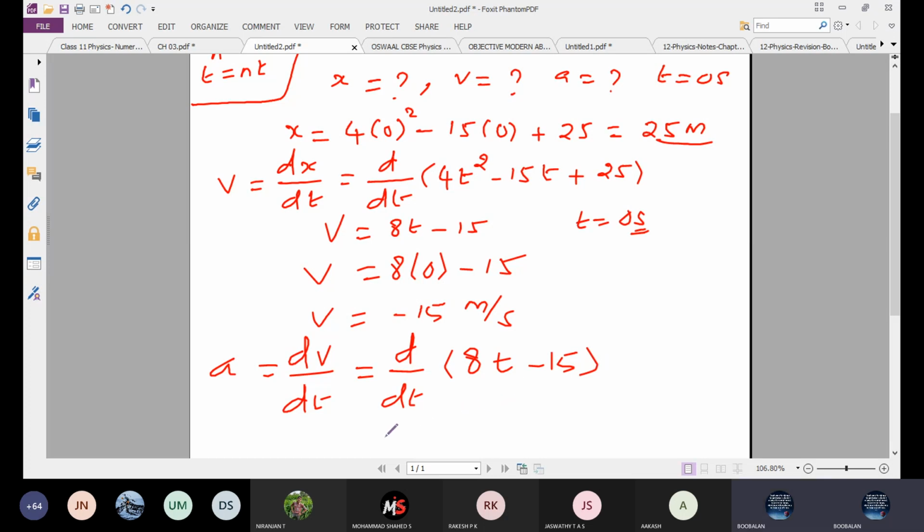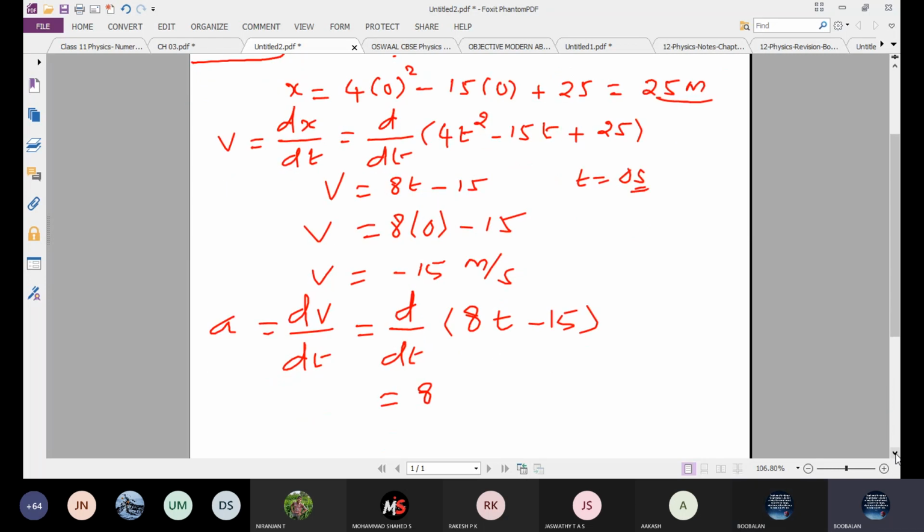Using the formula, d of t power n equal to n into t power n minus 1, you will get only 8. That's all. No need to apply the value of 0 seconds. 8 meter per second square. Equation number 2, equation number 3.